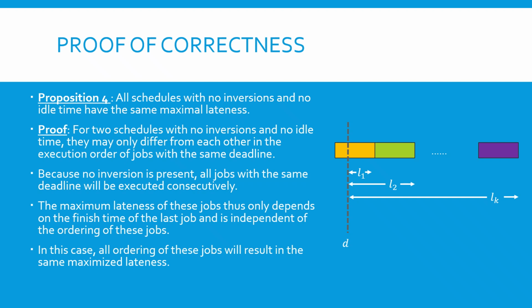The only differences between inversion-free schedules are tie breaks within equal deadline blocks. Those tie breaks do not change any block's final completion time, so they do not change the overall maximal lateness. Hence, all schedules with no inversions and no idle time have the same maximal lateness.